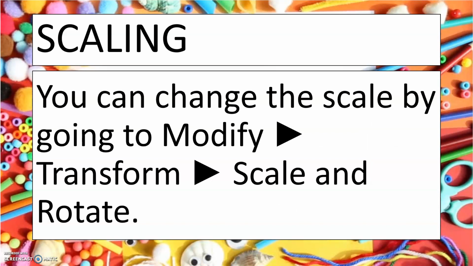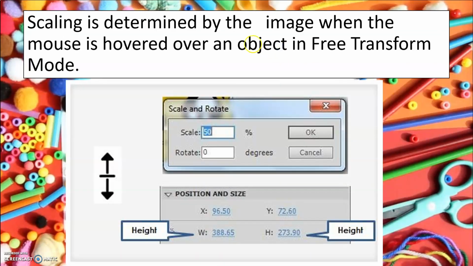You can change the scale by going to Modify, Transform, Scale, and Rotate. Scaling is determined by image when the mouse is hovered over an object in free transform mode. This is the icon for scaling.